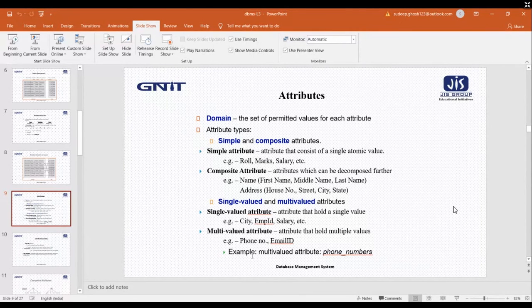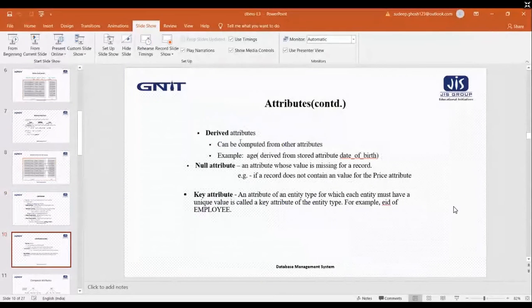And single valued and multi-valued: phone number and email ID are multi-valued, and single valued are the employee ID or roll number that cannot be duplicated. Okay, so now in the next slide you can see the derived attribute, already we have discussed.